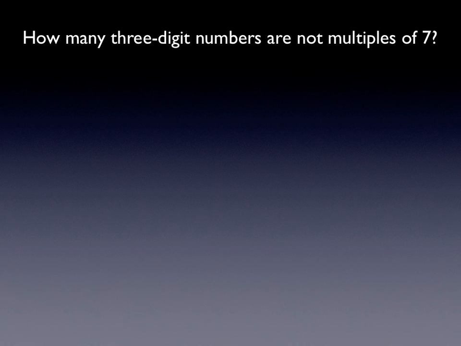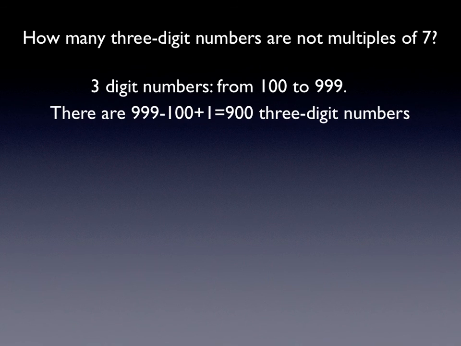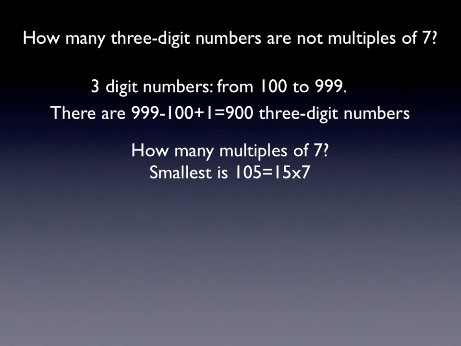Next question. How many 3-digit numbers are not multiples of 7? The 3-digit numbers are from 100 to 999, so as we have seen, there's 900 3-digit numbers. How many multiples of 7? Now the smallest one is 105. It's 15 times 7. The next smaller one is 98, but it's not a 3-digit number.